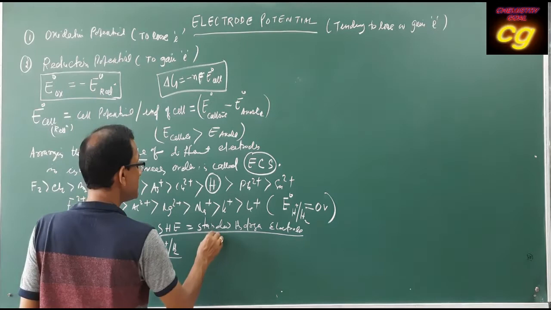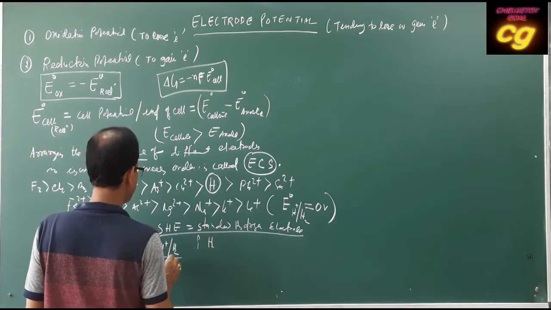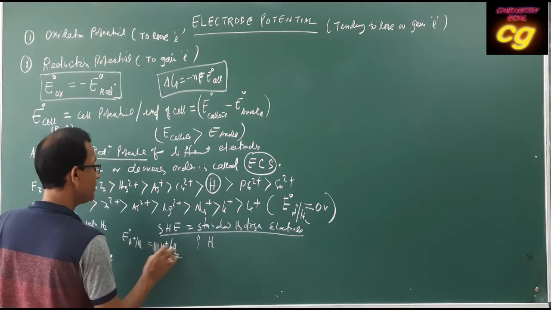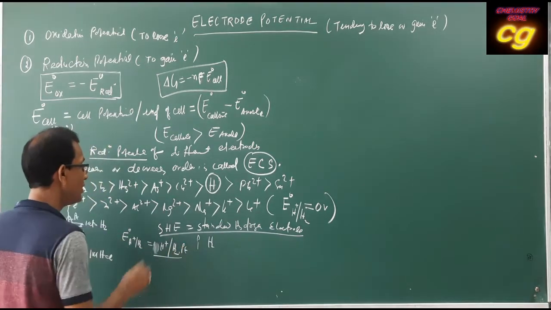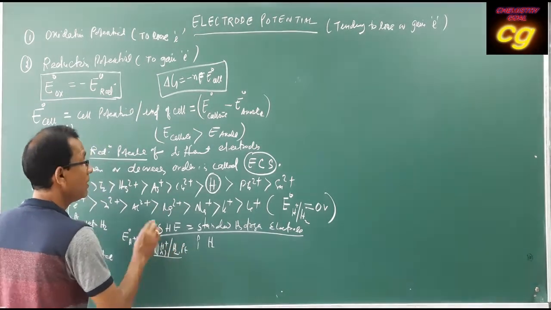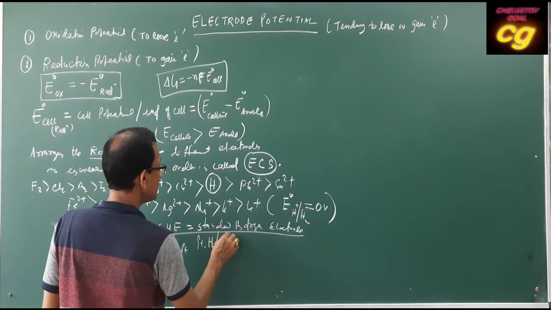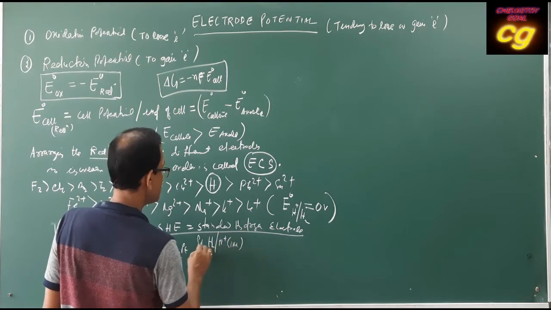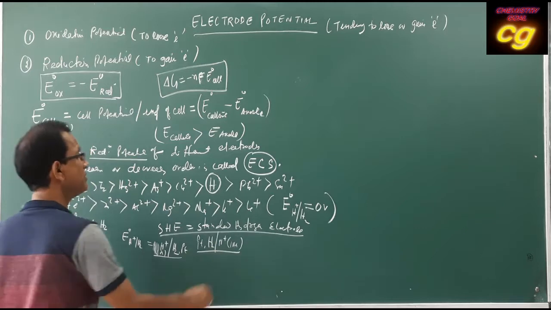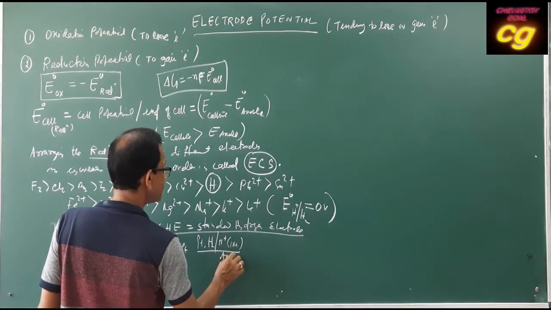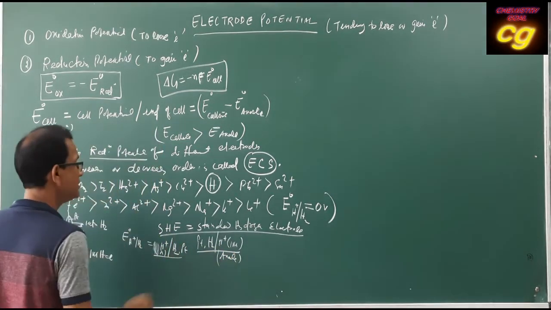But it can also be expressed as Pt, H2 slash H plus with concentration 1. This expression indicates anode, and the other expression indicates cathode.